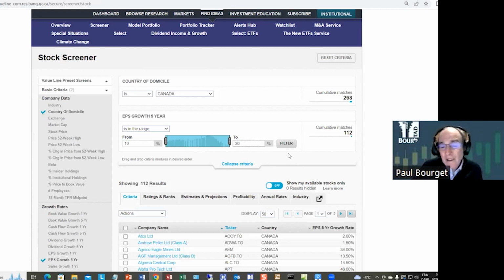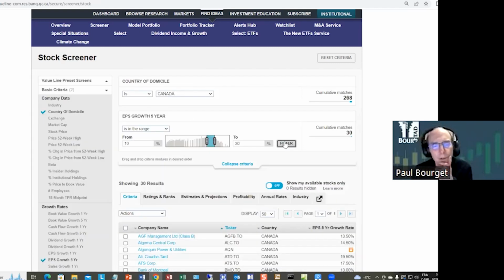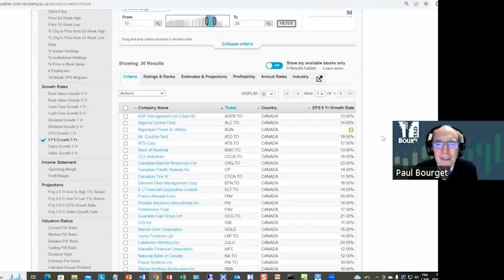You could ask, why am I putting a cap at 30? Let's say that if the growth rate were much bigger, that may indicate a degree of speculation that I'm not ready to accept. But you could do otherwise. Here we have 30 companies with an earnings per share annual growth rate between 10 and 30.